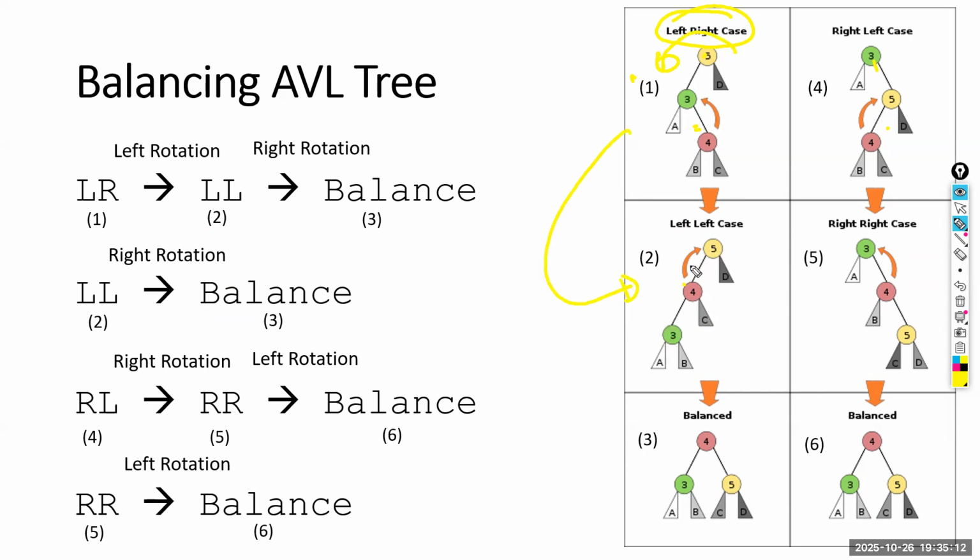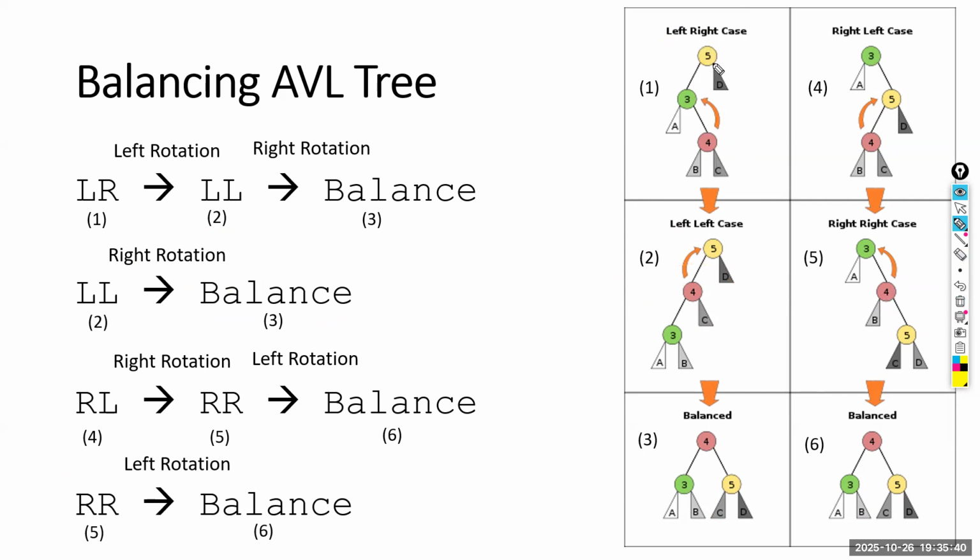Remember, left-left is still imbalanced, but this is how you do it. Then you convert it to balanced by doing a right rotation. So how to convert this into this? Just a normal left rotation.